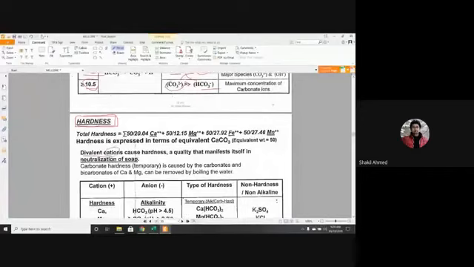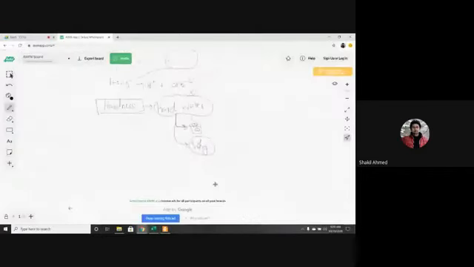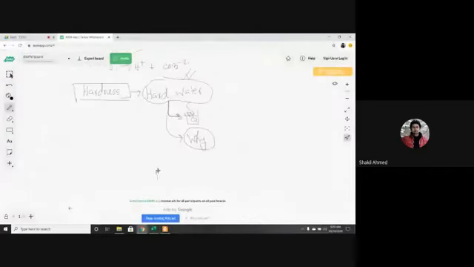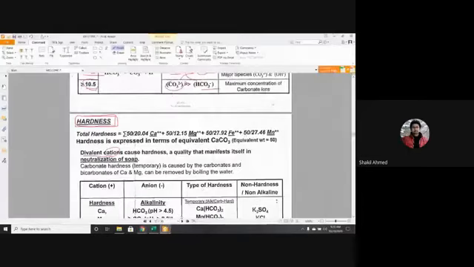For example, what are the divalent? That means valence is 2. What are they? Iron plus 2, calcium plus 2, manganese plus 2, magnesium plus 2.